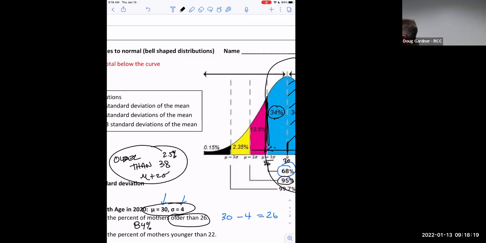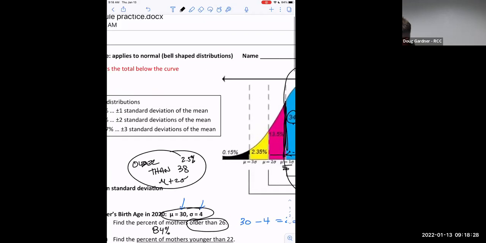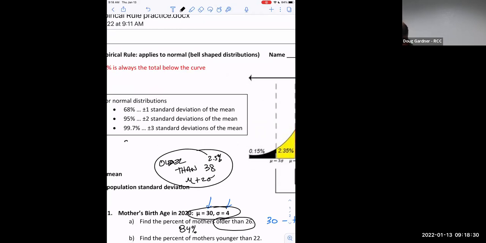Now, again, why is this practical? Well, what if you do this on your calculator? First of all, what's 2.5% as a decimal? Type this in. What if you had 1,138 patients at your pediatric hospital that year?